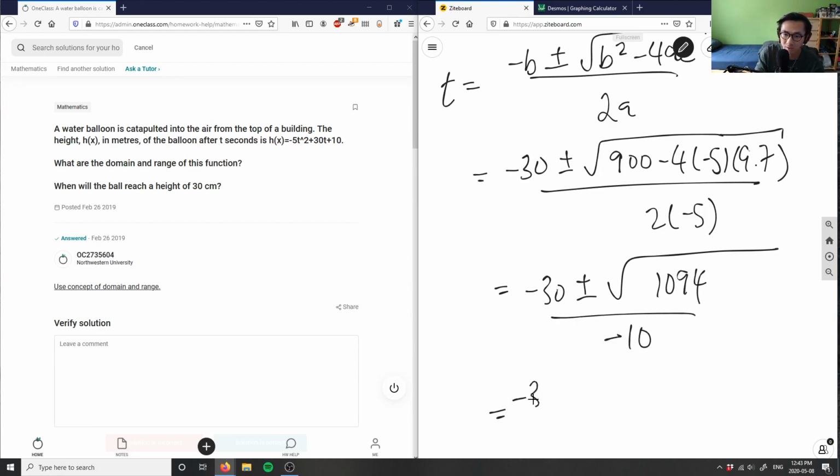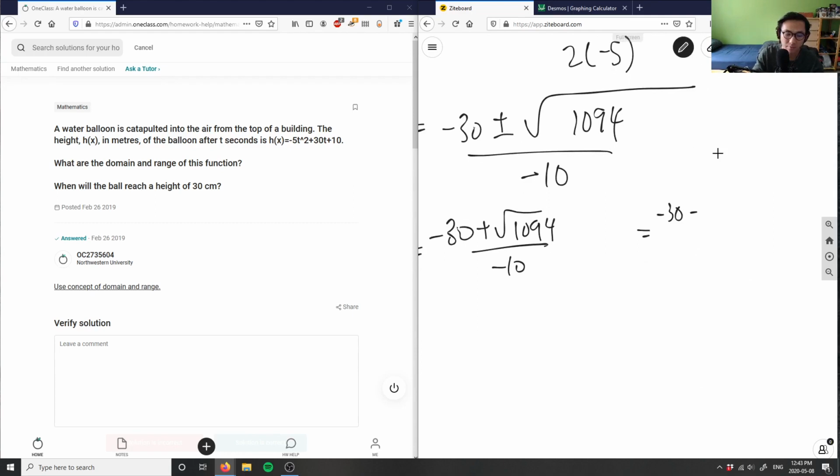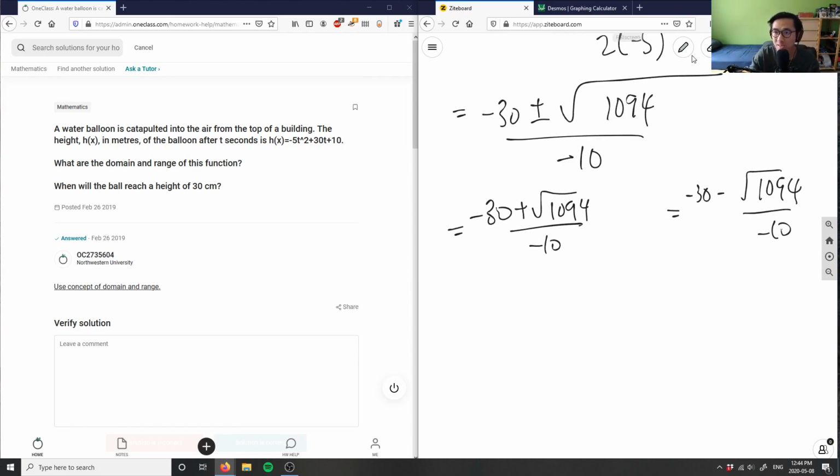So I'm going to get two answers: negative 30 plus the square root of 1094 divided by negative 10, and negative 30 minus the square root of 1094 divided by negative 10.